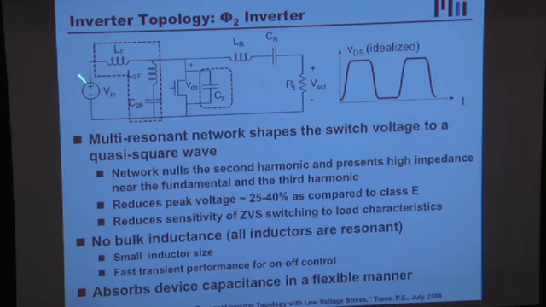Moreover, because we're using this input side network to shape the switching voltage, it becomes much less sensitive to the load variation. And it also has very small inductor sizes so that it helps us miniaturize. There's no choke inductors in a traditional RF amplifier. So we get very fast transient response out of this device, and we absorb the device capacitance in a very flexible manner. Now, this is a DC in to high frequency AC out, maybe 50 or 100 megahertz output.